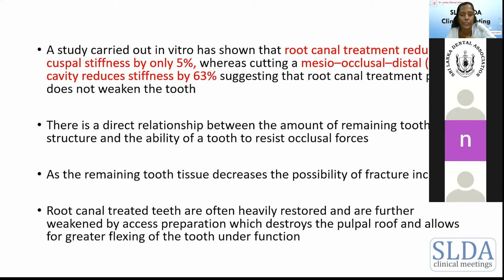Sometimes repeated restorations have made the cavity bigger, and it can be further weakened by the excess cavity preparation, because the pulpal roof is removed during excess cavity preparation, which causes greater flexing of the tooth under function. So all these factors contribute to root canal treated teeth being more prone to fractures.